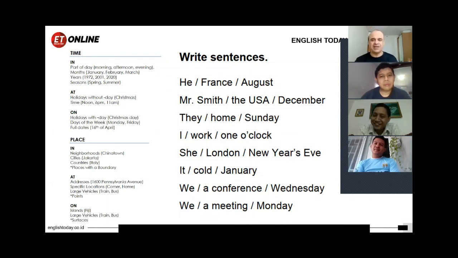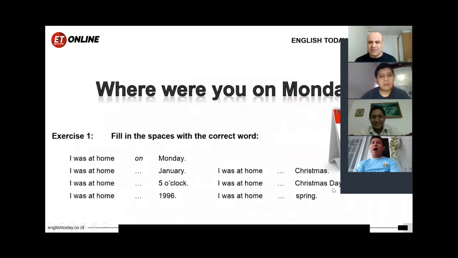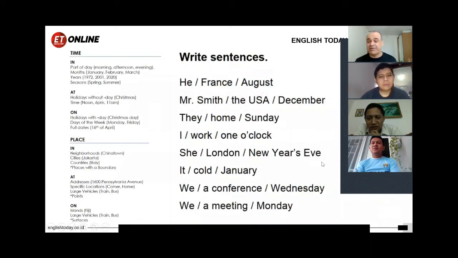Even more pain is coming. Do you remember how we said, like Christmas Day, this annoying thing here with the day? This also applies to morning.